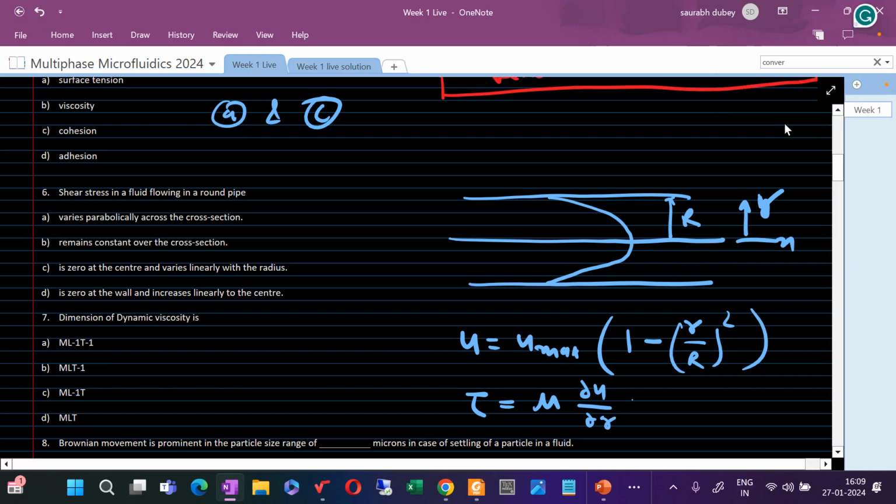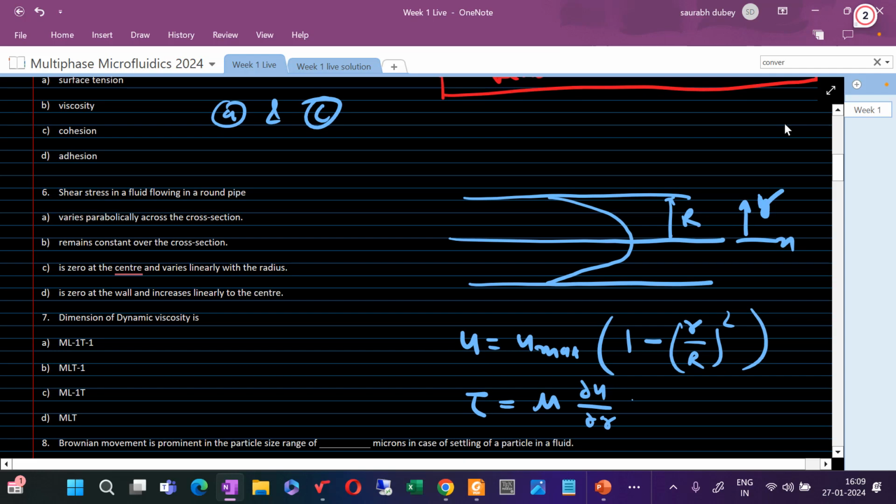So del u by del r when you take it, the u max part is constant, and differentiating gives 2r over capital R squared with a minus sign.